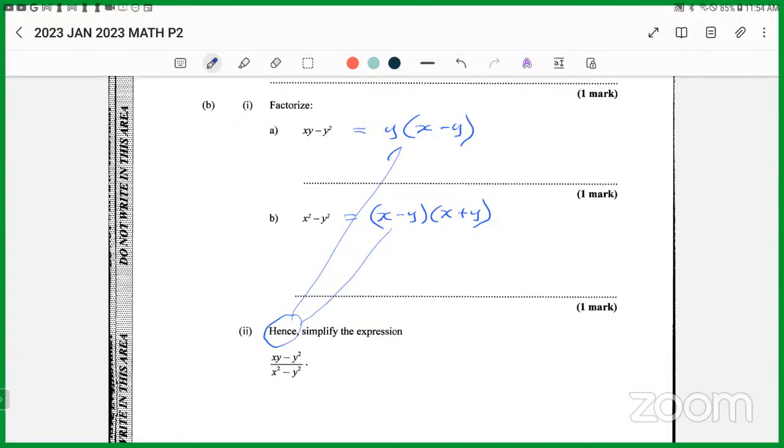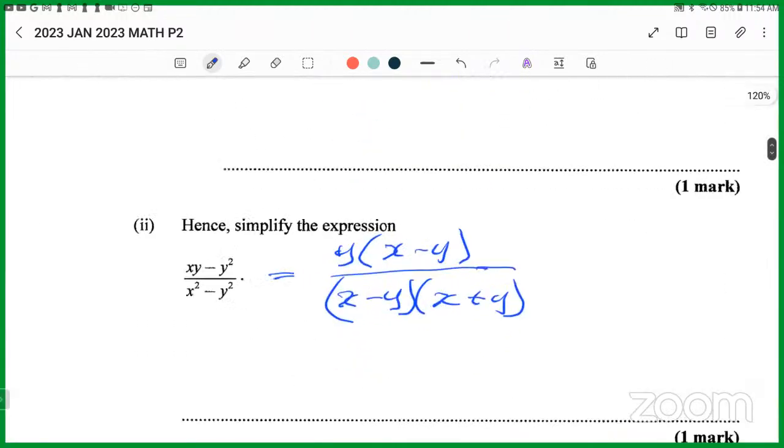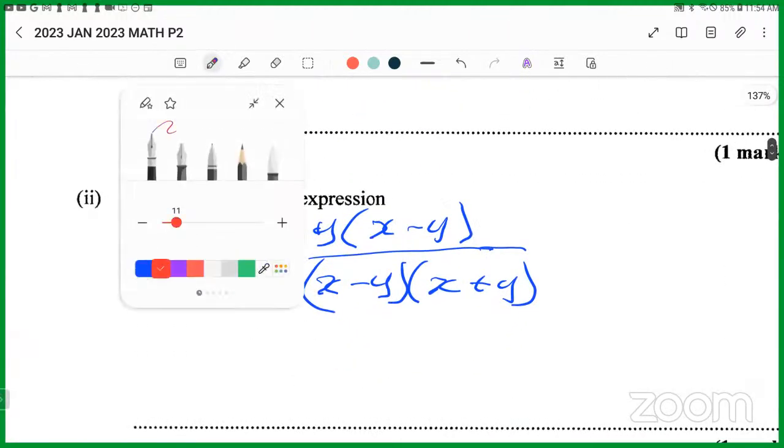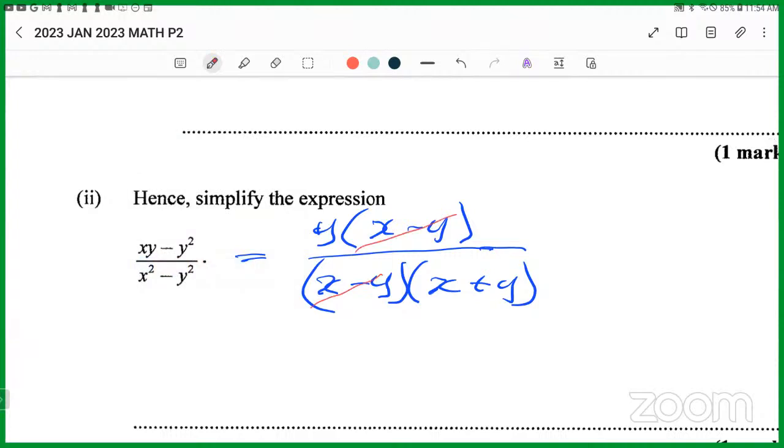So this numerator becomes y bracket x minus y, over the denominator, the difference of 2 squares, which becomes x minus y times x plus y. And then if you look now, you see that this and this is the same. Look at it.